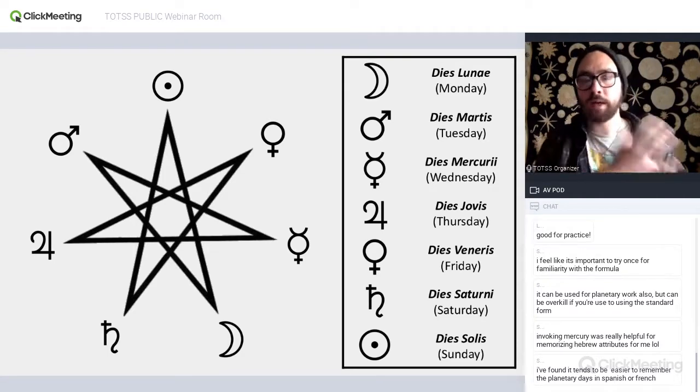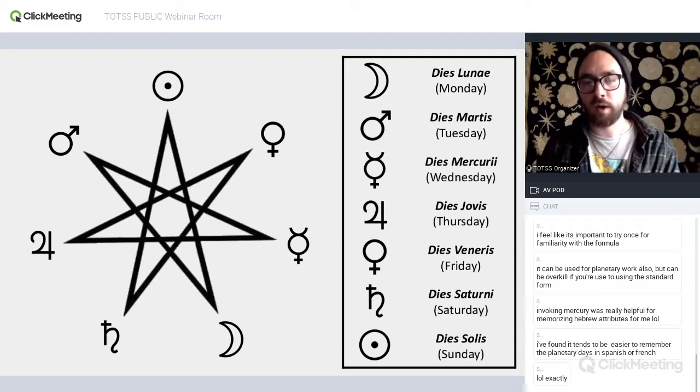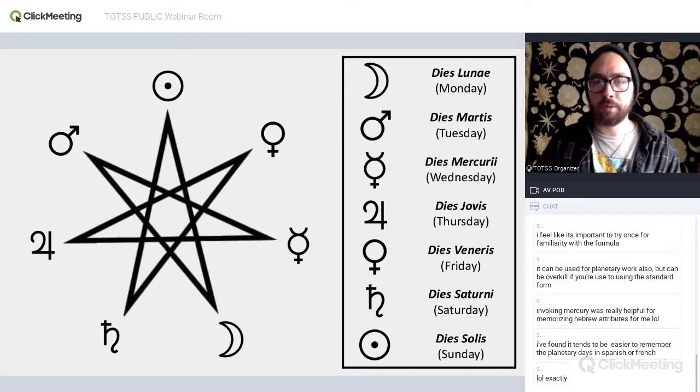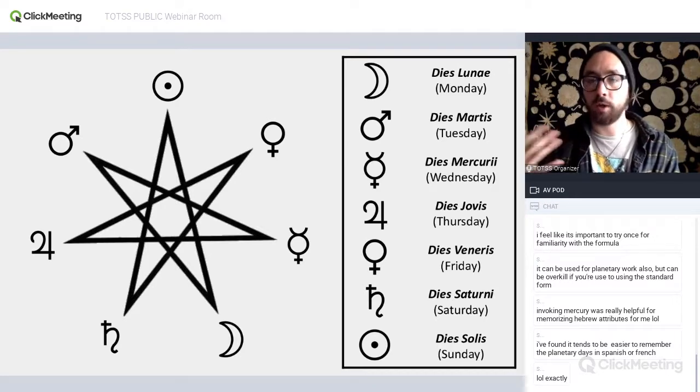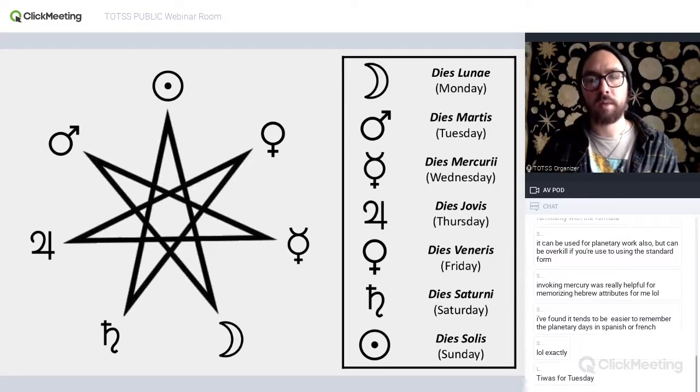But in English, because of the Germanic roots of our language, we use the Germanic equivalents for some of the days. So we have Tuesday, and I know almost nothing about Northern mythology, but the Germanic god Tiu was a war god, so he's symbolically associated with Mars. Wednesday is Woden's day, and Woden or Odin was associated with Mercury. Thursday is Thor, associated with Jupiter.